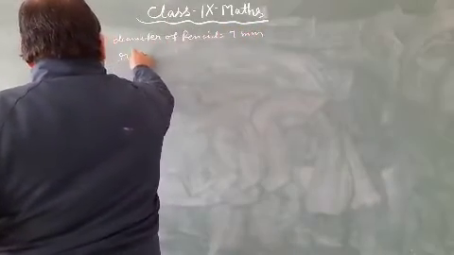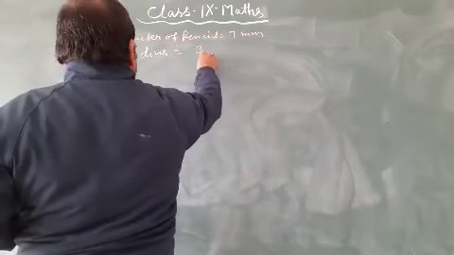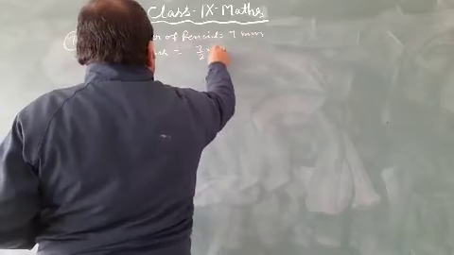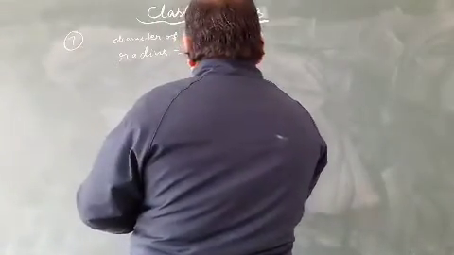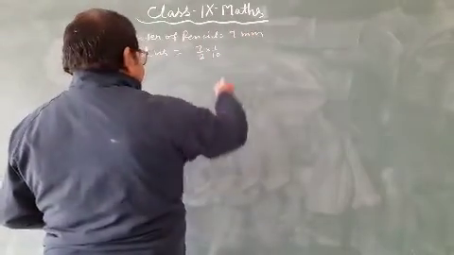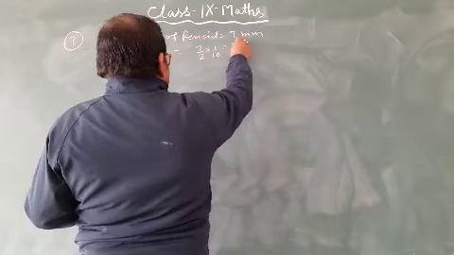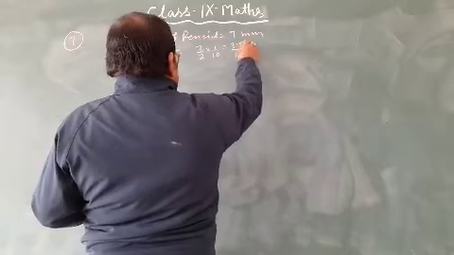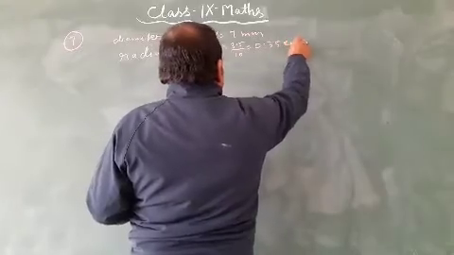Radius is 7 by 2 millimeter, 1 upon 10, 3.5 upon 10, which is 0.35 centimeter.